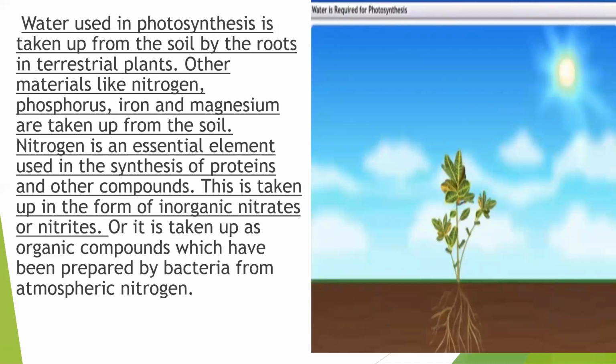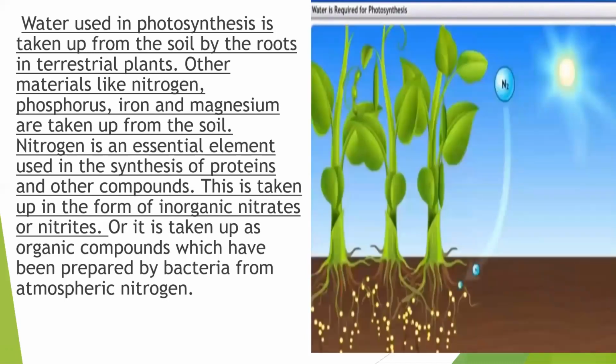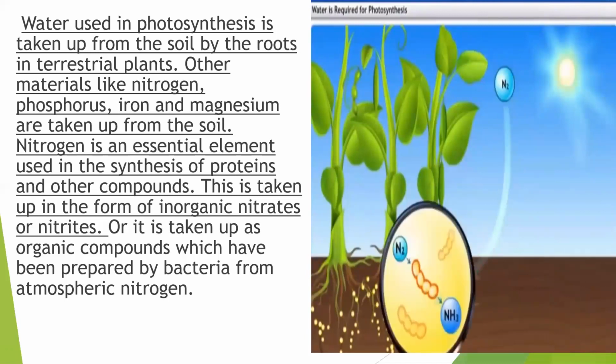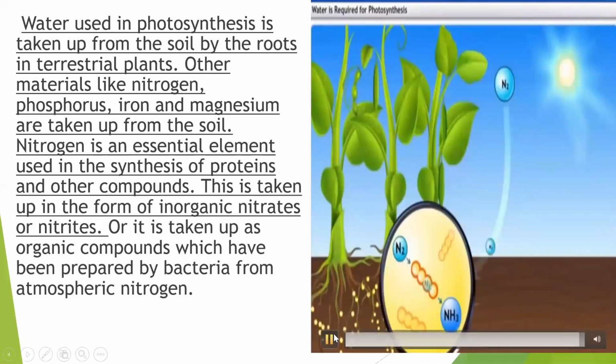Nitrogen is taken in by the plants in the form of inorganic nitrates or nitrites, and bacteria convert atmospheric nitrogen during nitrogen fixation, which is then utilized by the plants in the form of ammonia.